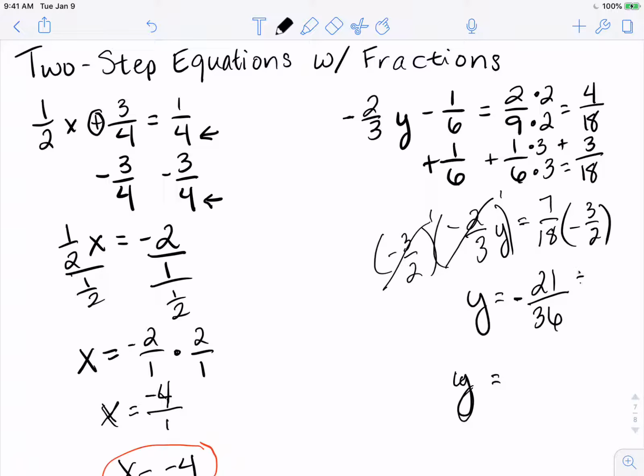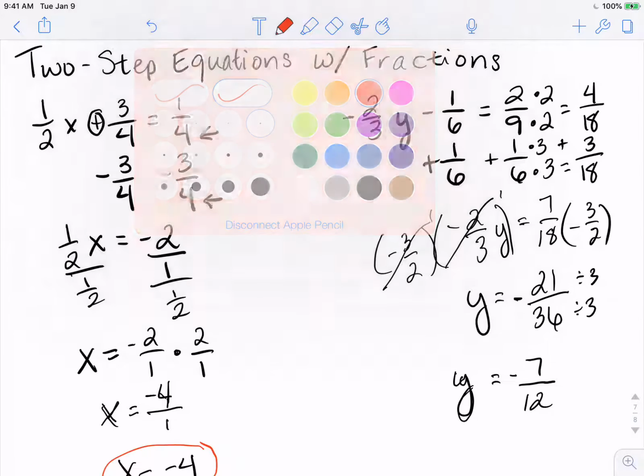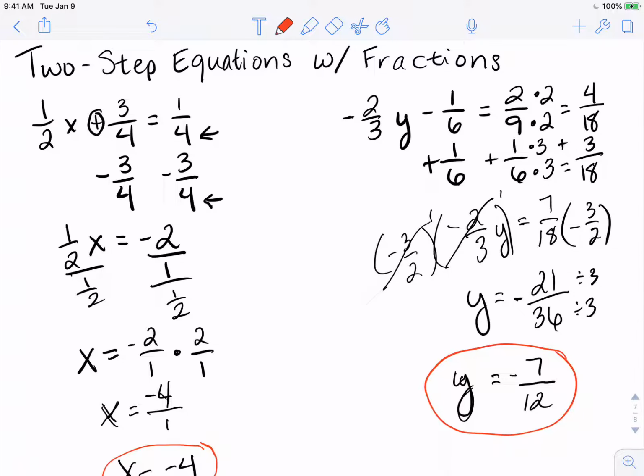So if you divide -21 by 3 and 36 by 3, you get -7/12. And there's your answer. All right. So hopefully, as we continue, fractions will seem a little less intimidating to you guys. But for now, just look at them the same way you would any other 1- and 2-step problems.